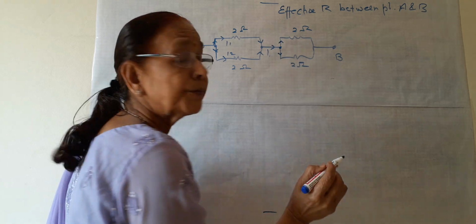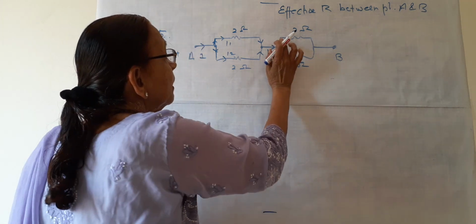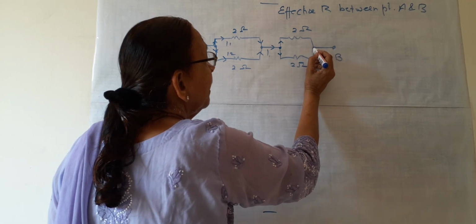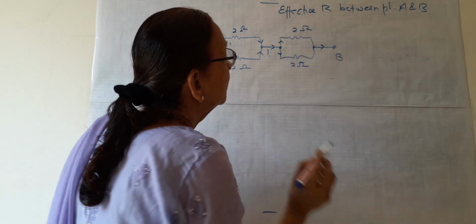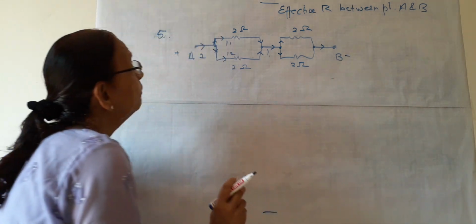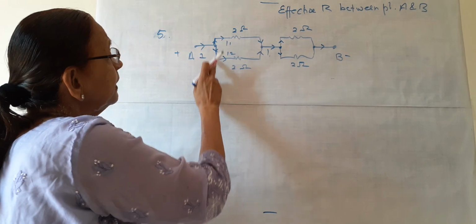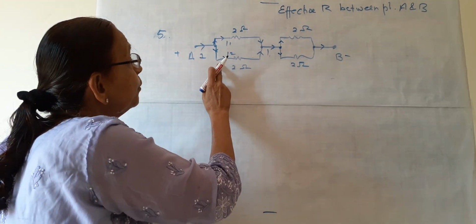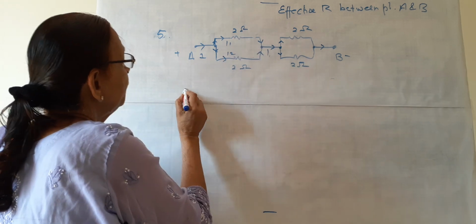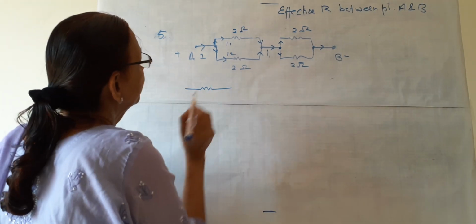Again the current divides because again there are two roads, one going here, the other going here, and again they join and come to the B terminal. So what we have seen is, if the current is dividing here, if two roads are there, these two are in parallel.